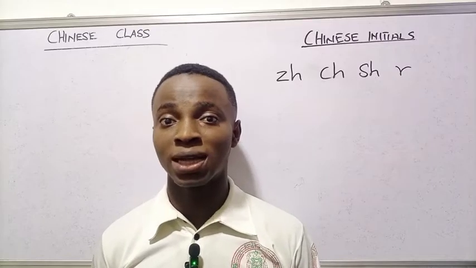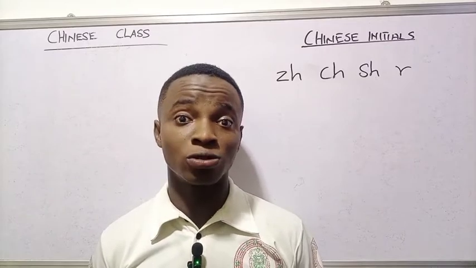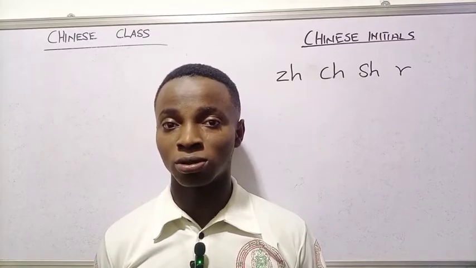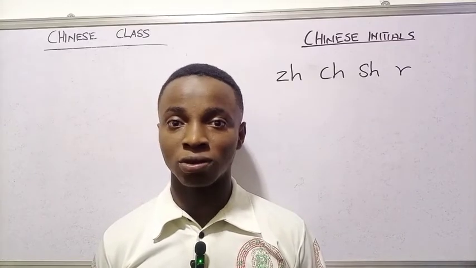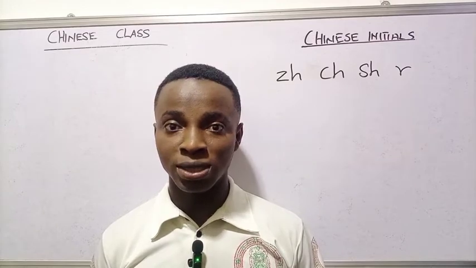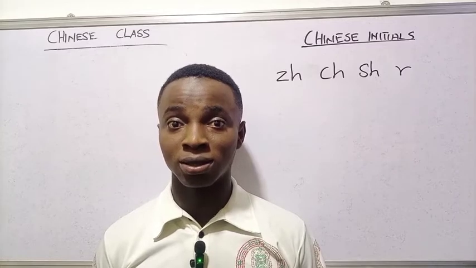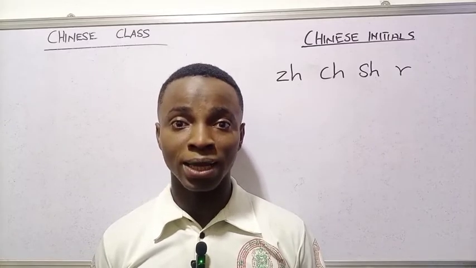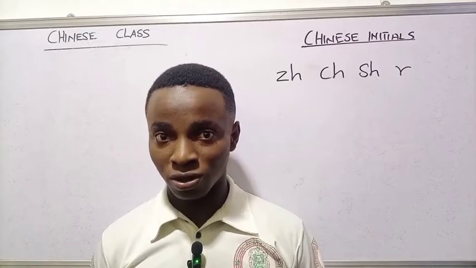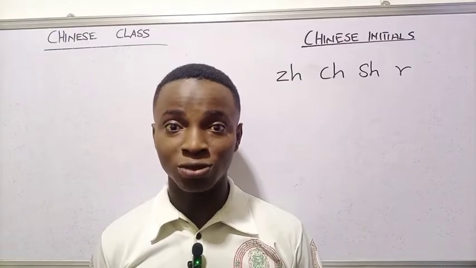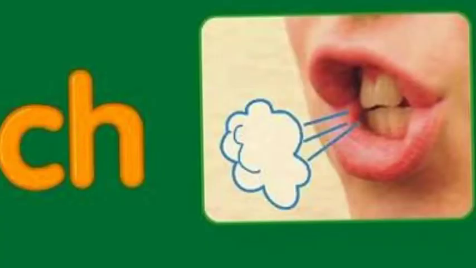For the first sound, the tip of your tongue must be curled up, touching the hard palate and then releasing a little airflow. For the second one, the tip of your tongue must also curl up, touching the hard palate, but here it releases a very strong airflow.